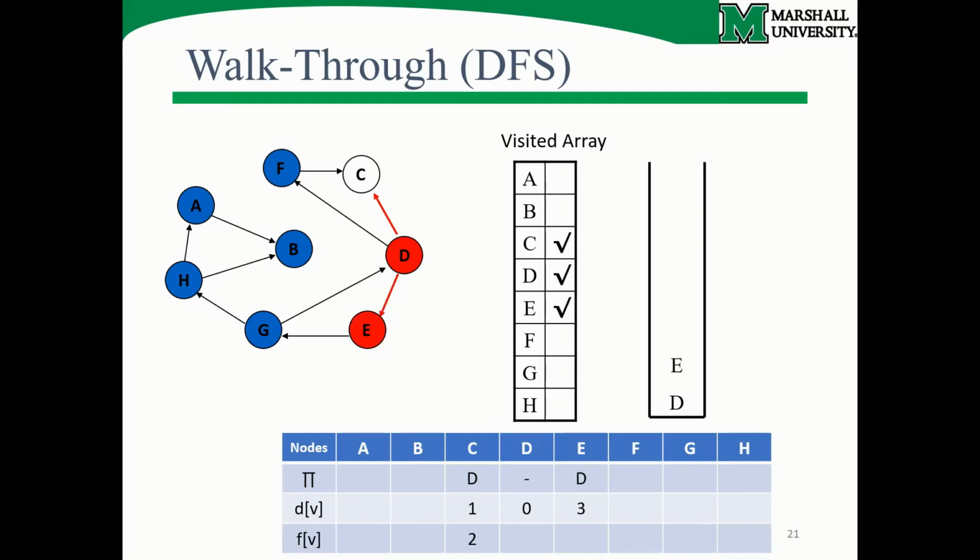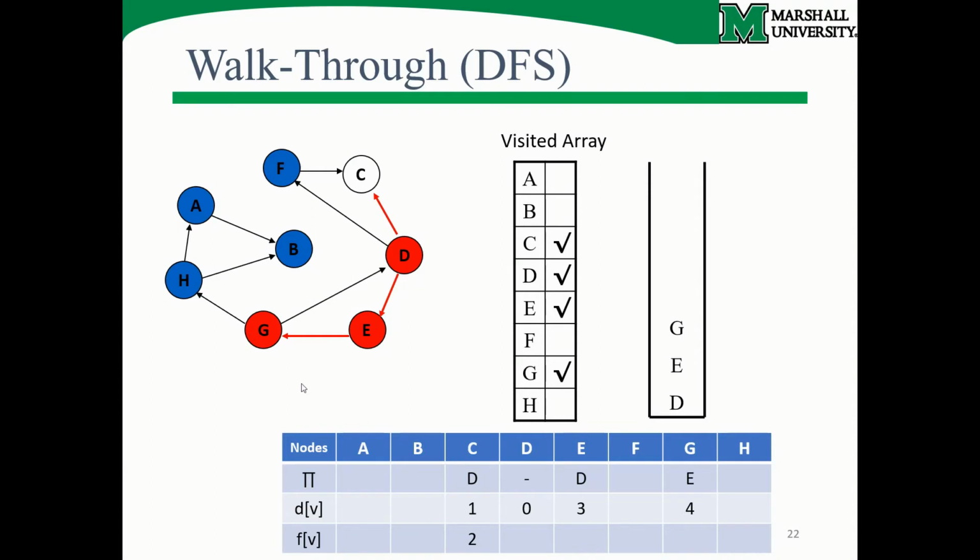So we see there is another node adjacent to D in alphabetical order, E. E is discovered via D at time 3. Then we will go through E.